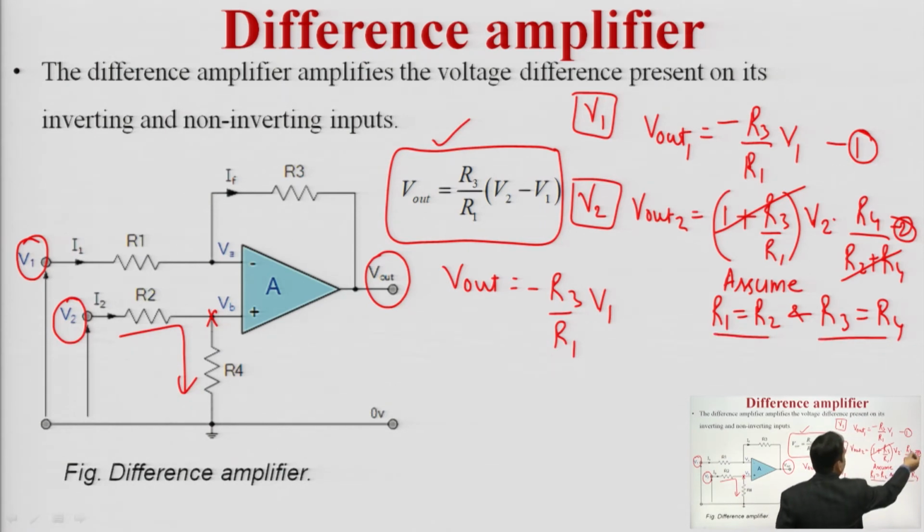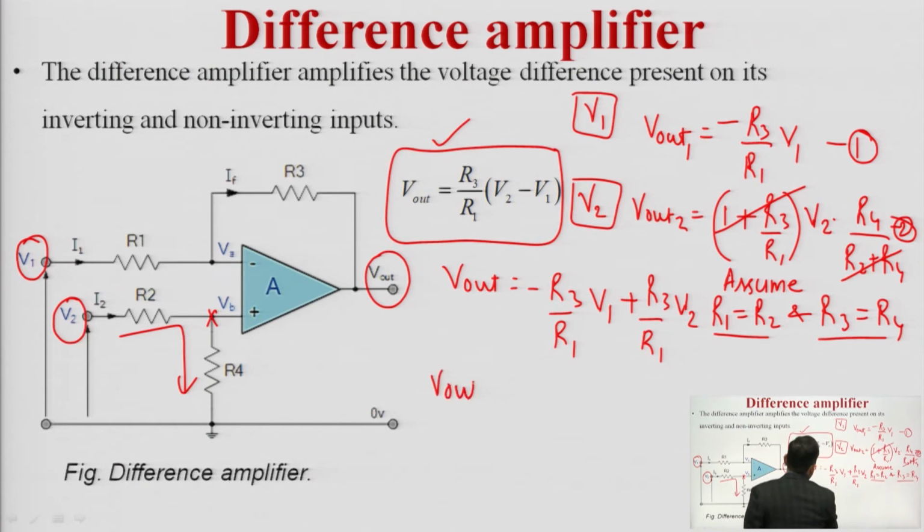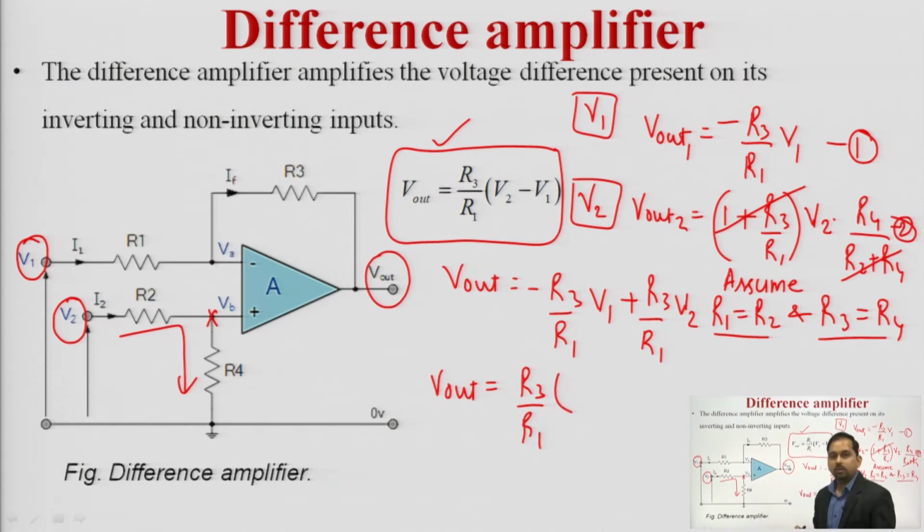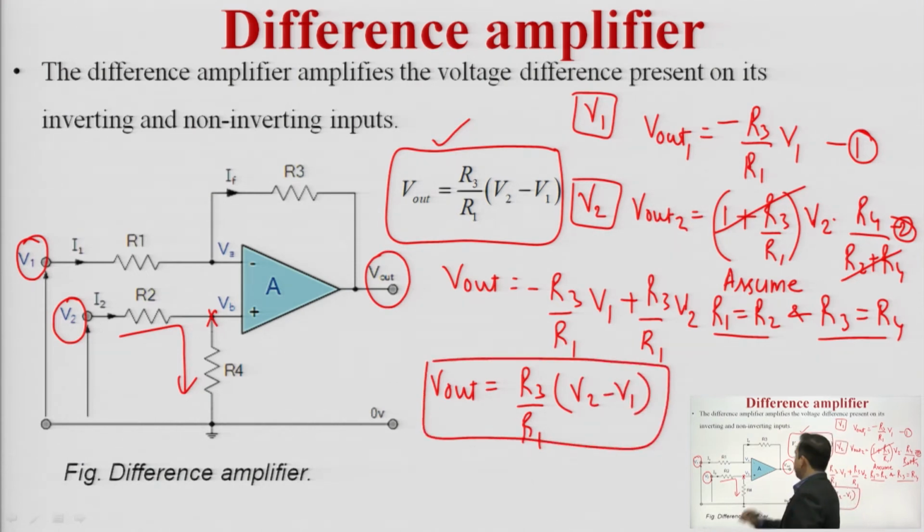So naturally, instead of R4 and R1, we will be having R3 and R1. So the relationship is V out equals, if R3 by R1 is common, then V2 minus V1. So this is the relationship for the difference amplifier.